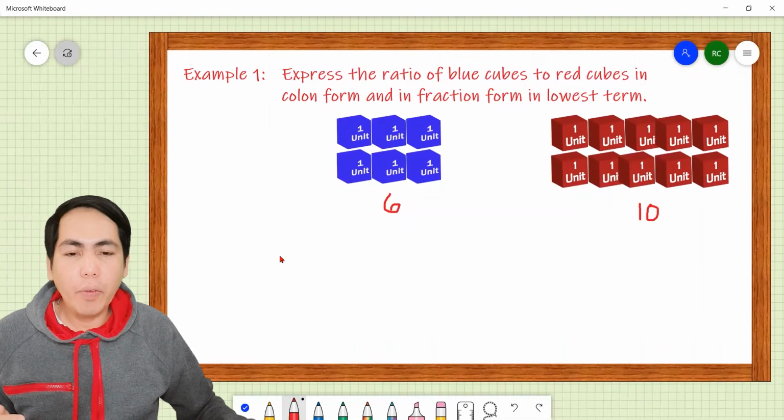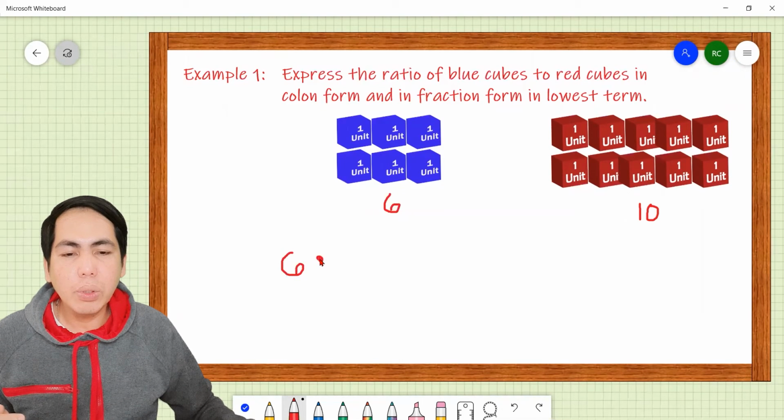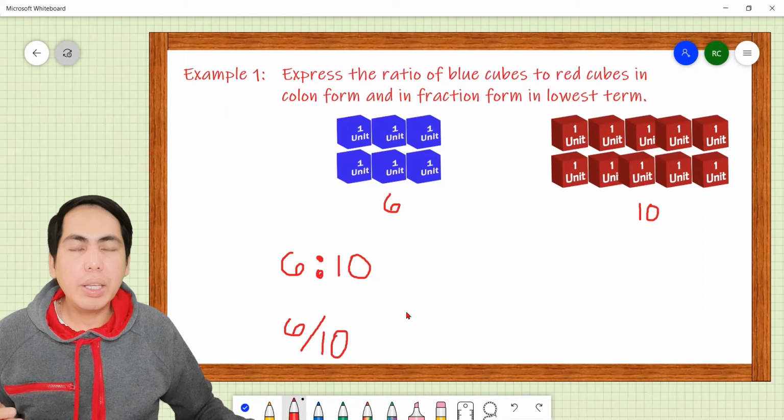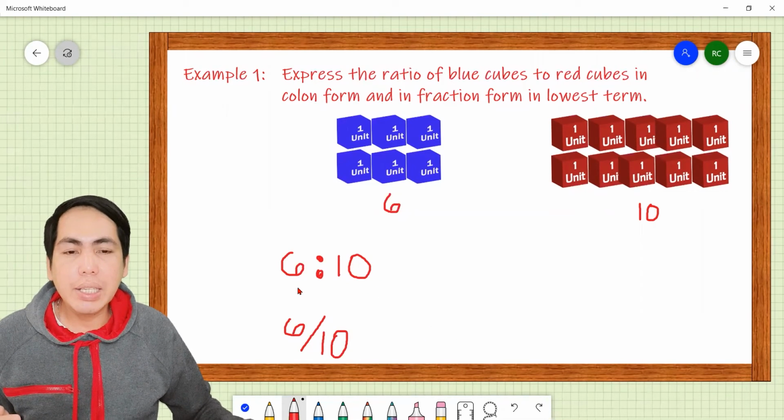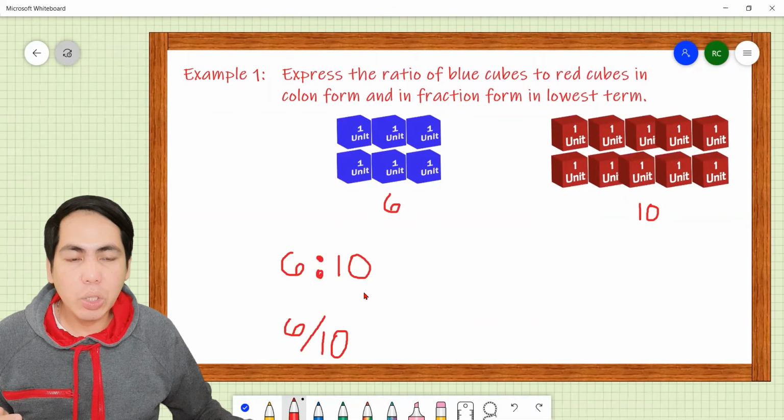So in column form, we write it as 6:10. Or in fraction form, we have 6/10. Meaning to say that there are 6 blue cubes for every 10 red cubes.